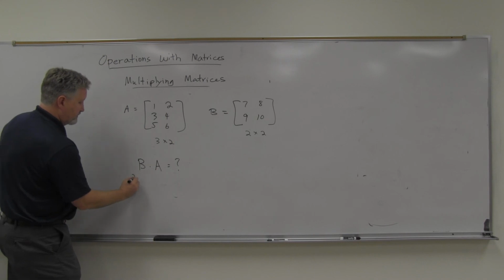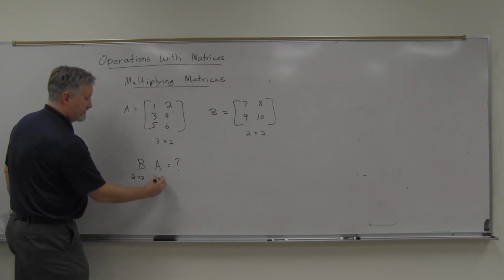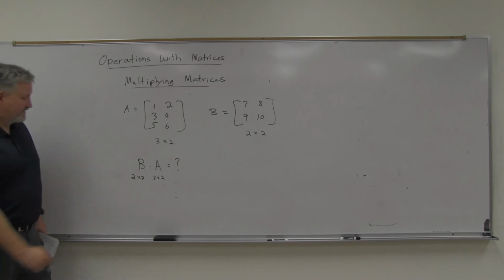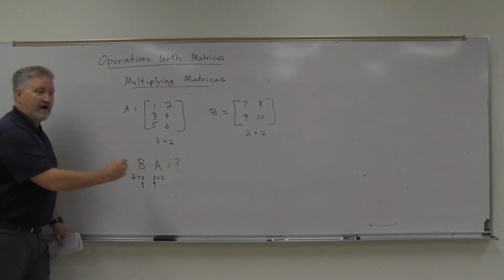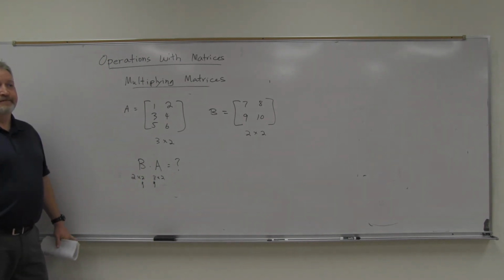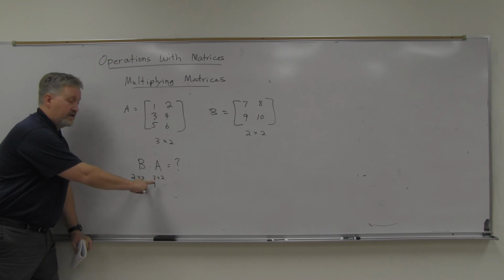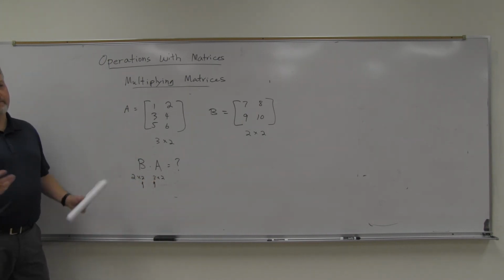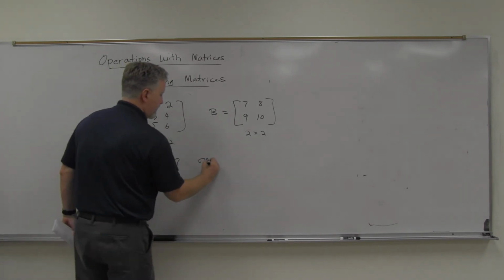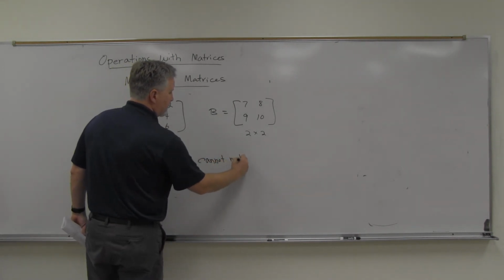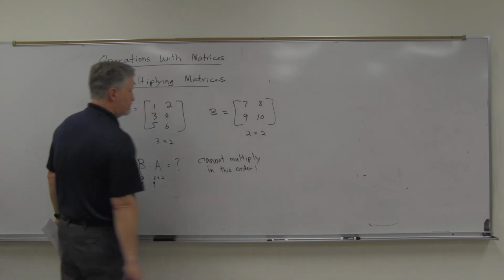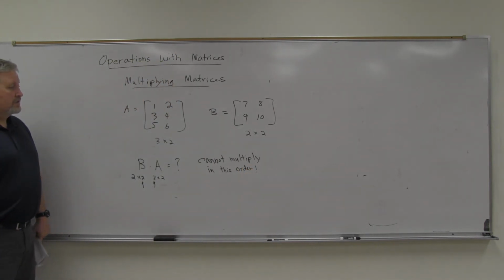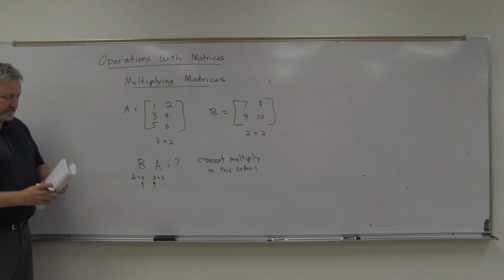Well, this is a 2 by 2, and this is a 3 by 2. Do the proper dimensions. For multiplication to work, these two have to be the same, don't they? The columns here have to match the rows here. So if those two things don't match, you can't do the multiplying. I mentioned that, but yeah, you cannot multiply these in this order. We could do the A times B, but not the B times A. Just can't, just won't match up.